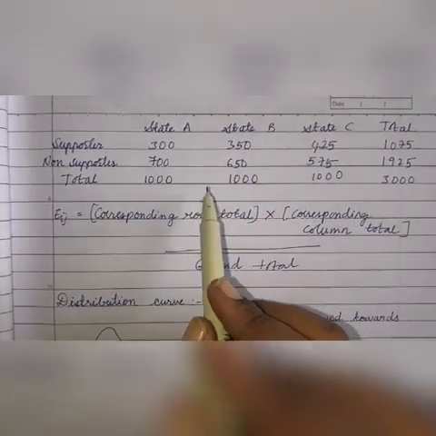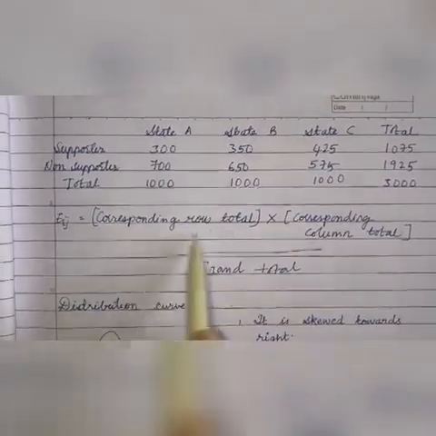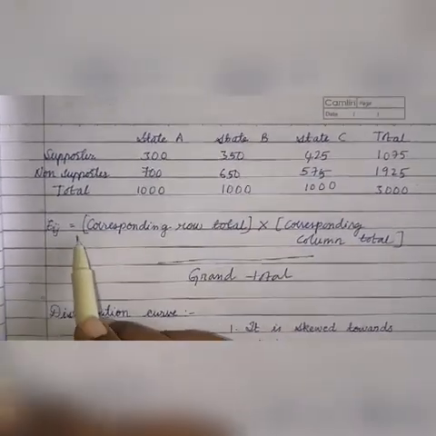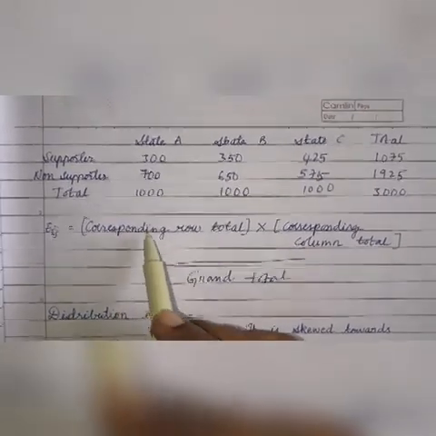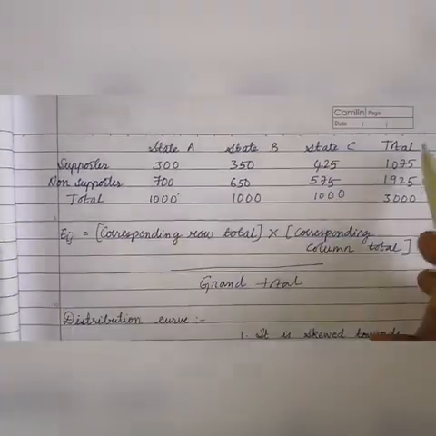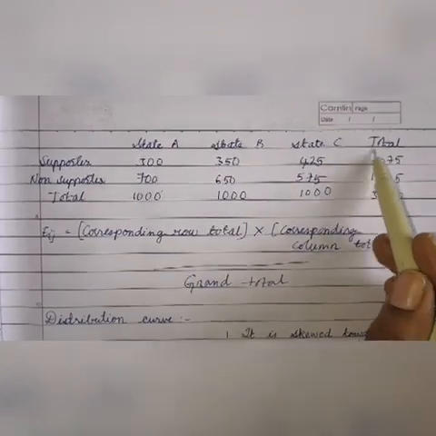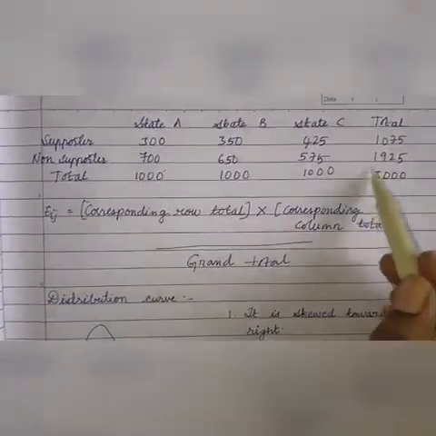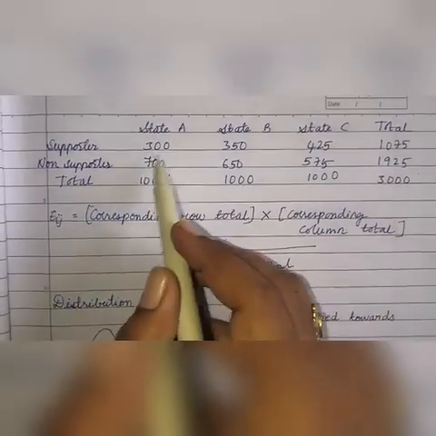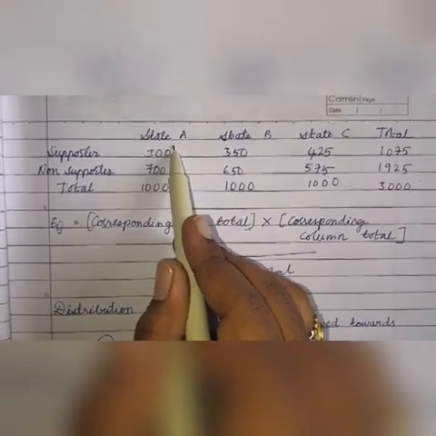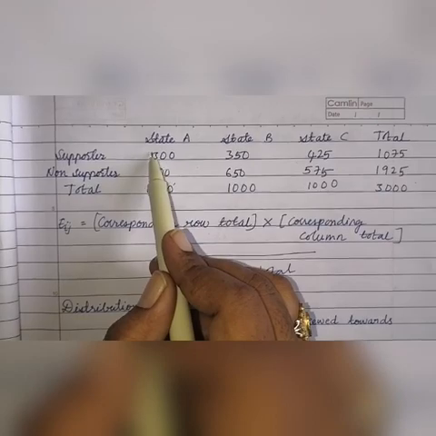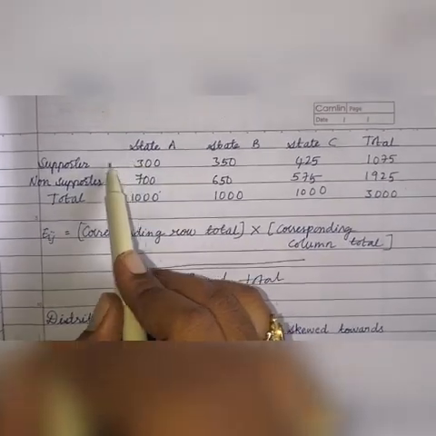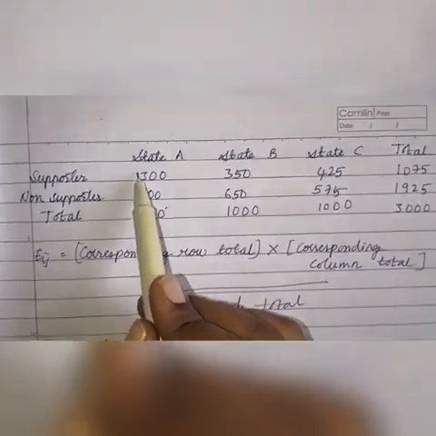You have to calculate the expected frequencies using this formula. Expected frequency Eij is equal to corresponding row total into corresponding column total by the grand total. Now for this particular cell, this is O11, first row, first column.